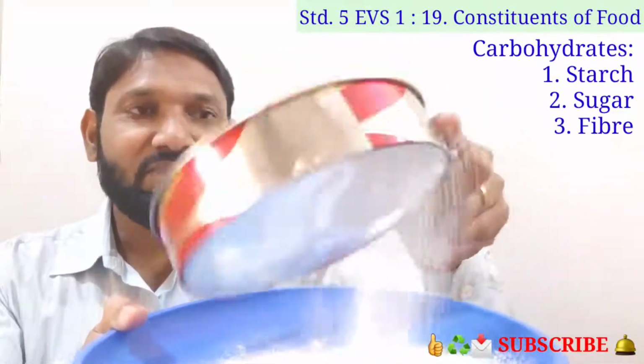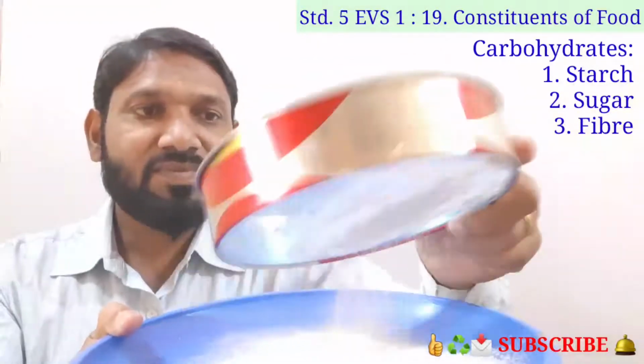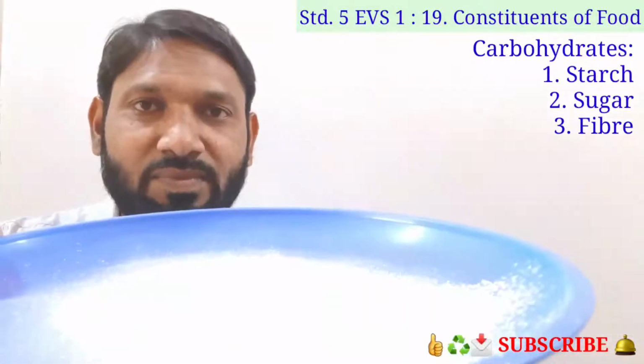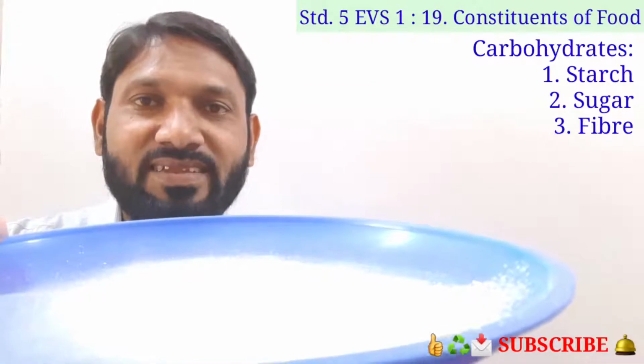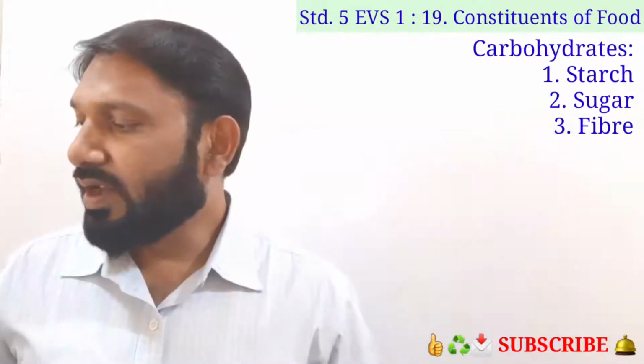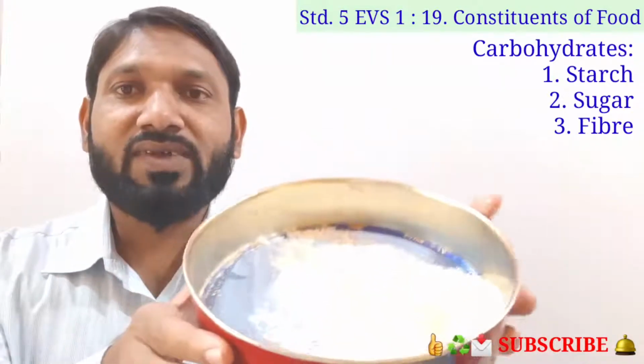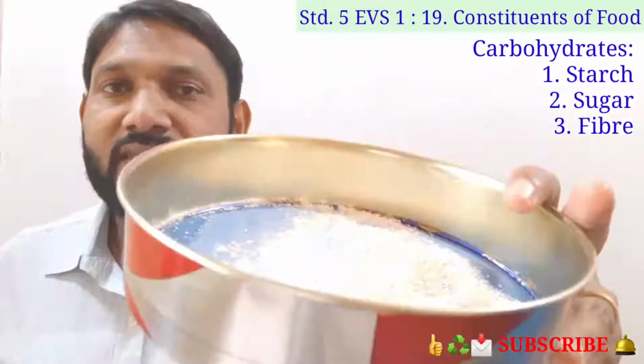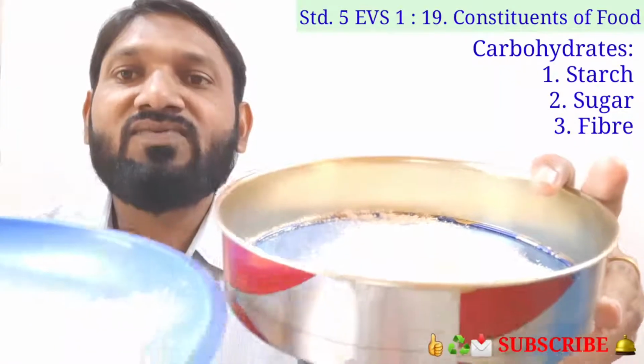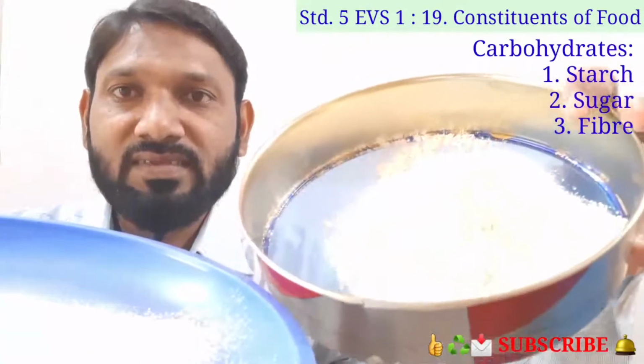Students, see, we have sifted or strained the flour here. Now let's see what is left in the sieve. Some particles larger than the flour are left in the sieve.